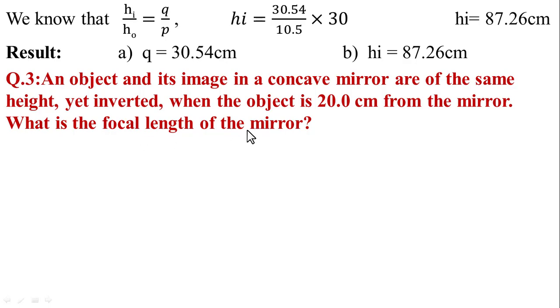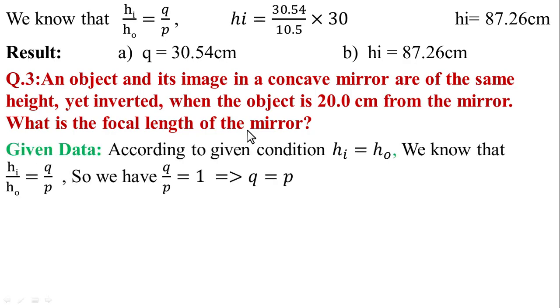First of all, according to the statement, write the given data. According to the given condition, in a concave mirror both are same, so Hi is equal to H naught. We have Hi over H naught is equal to Q over P. Here Hi and H naught both are same, so that is equal to 1.